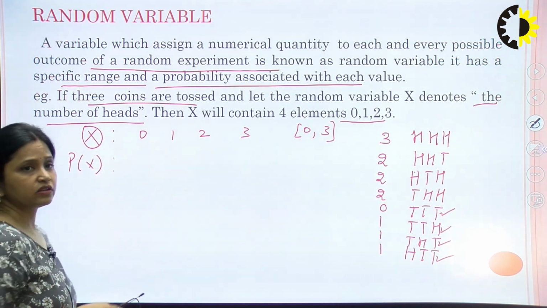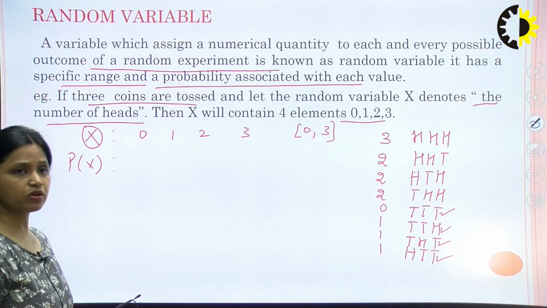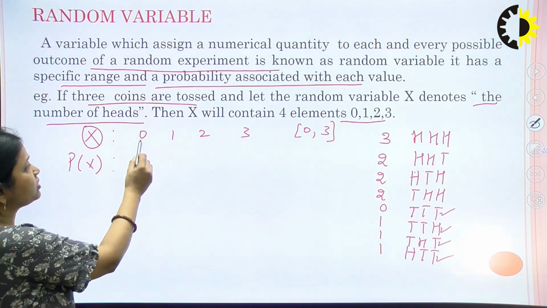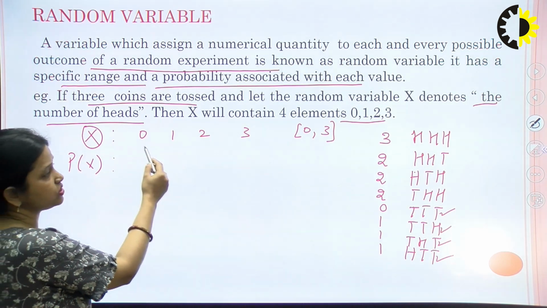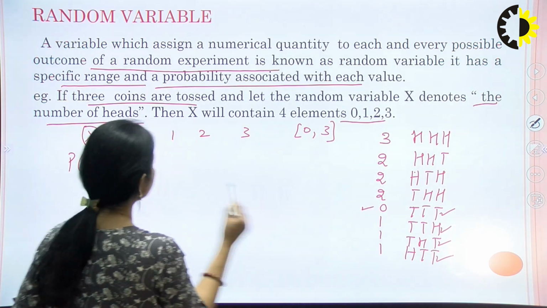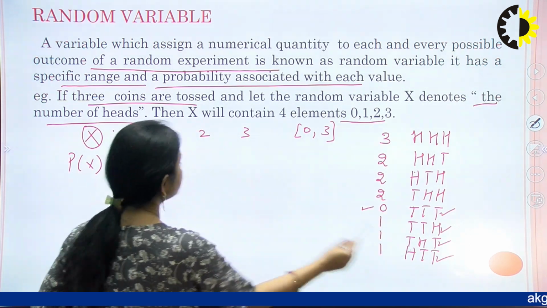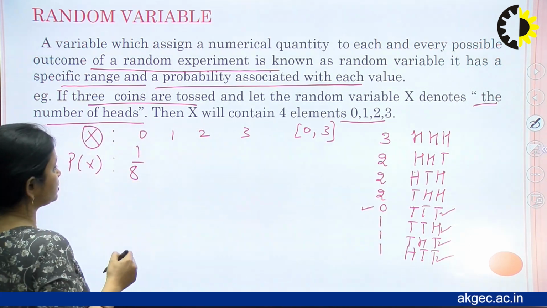We know that the formula of probability is the number of favorable cases upon the total number of cases. So for the value 0, if the number of heads is equal to 0, then the favorable case is only 1, and the total cases are 1, 2, 3, 4, 5, 6, 7, 8. Total cases is 8.